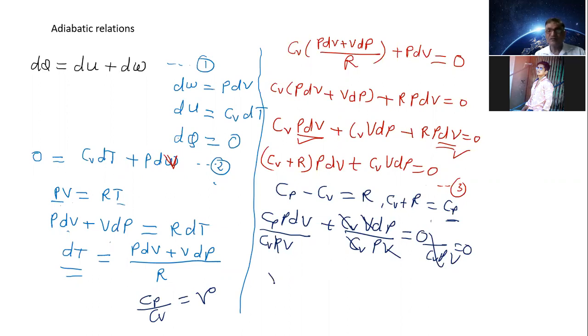And that's why we can write here gamma into dV upon V plus dP upon P is equal to 0.